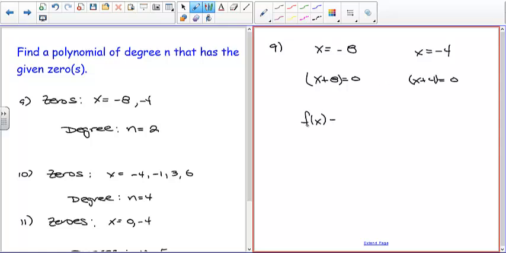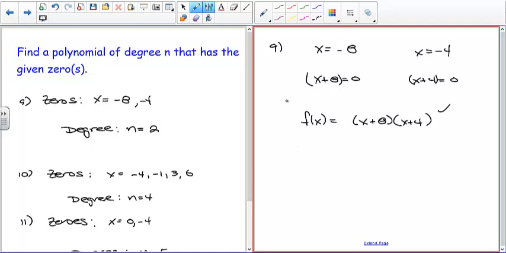Since it's a degree of 2, you can see that if I just multiply these two factors together, x times x is going to be x squared. That gives me the degree. So that's what I'm looking for. If it said degree 3, I could square this, or I could square that, and that would give me an extra x to give me x cubed.